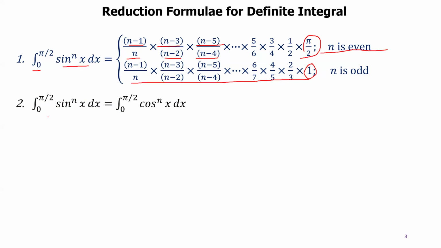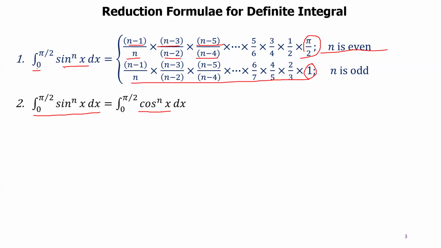Since we know the reduction formula of the definite integral of sine to the power n x dx and cos to the power n x dx, if we use the property of definite integral, the integration of sine to the power n x dx under the limit 0 to pi by 2 is also the same as the integration of cos to the power n x under the limit 0 to pi by 2.